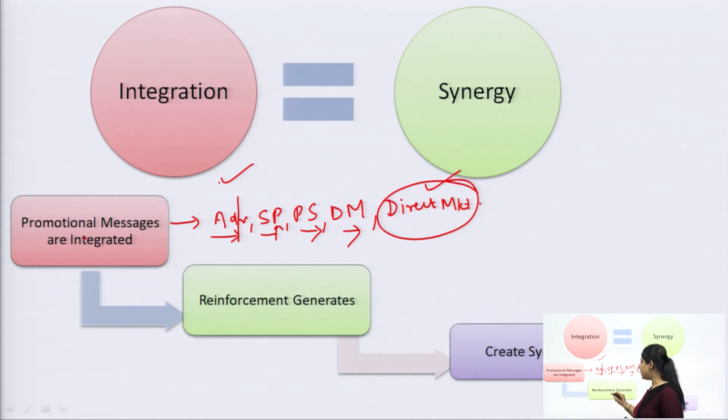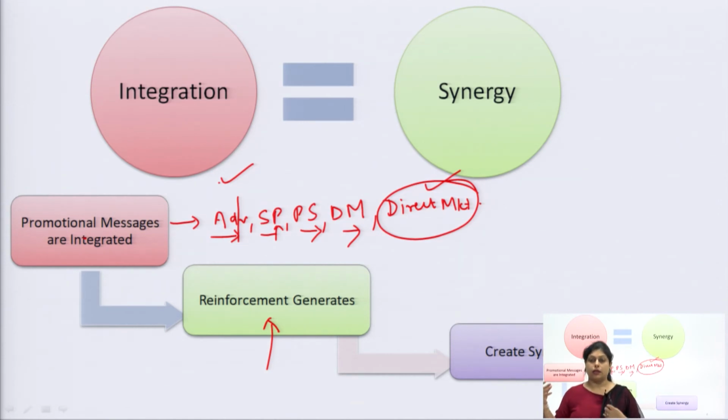Now, when they were clubbed together, they generated reinforcement. People got to listen to the same thing from all the areas. When they switched on to TV, they heard the same lines, same wording, same offers. When they switched to radio, again the same kind of message was heard. When they switched to their phones, when they saw the marketing efforts on the internet, again the same kind of messages were floated in front of them.